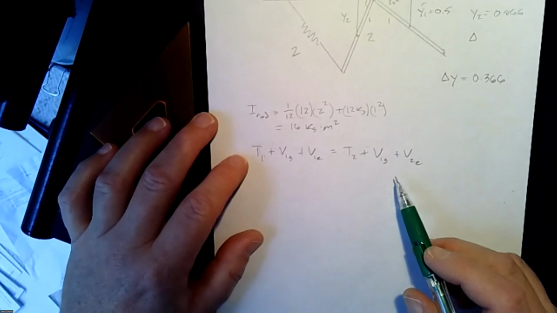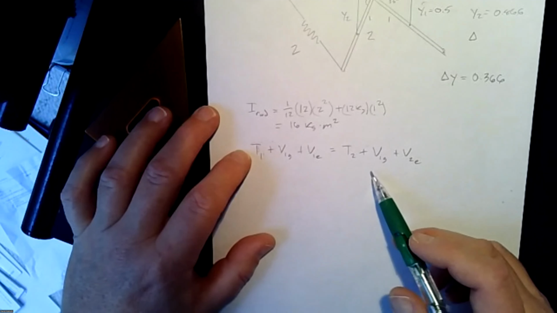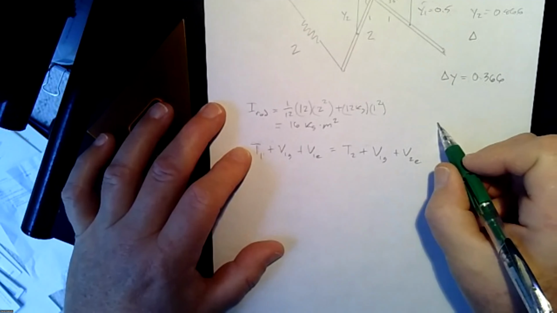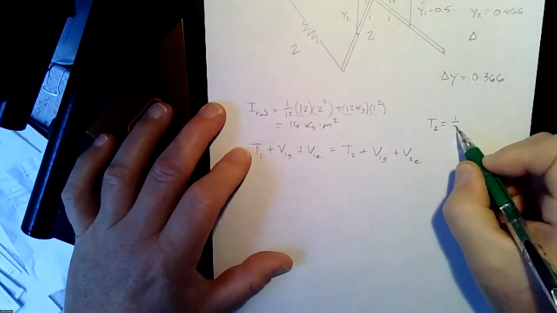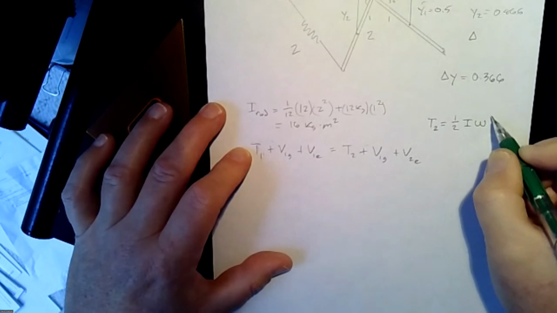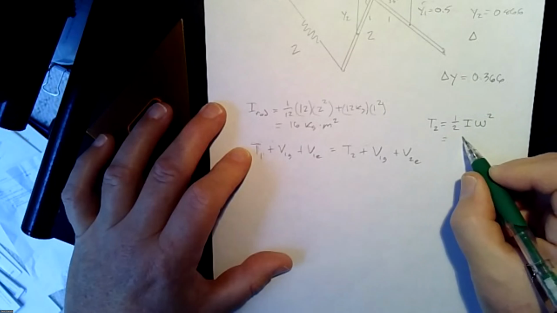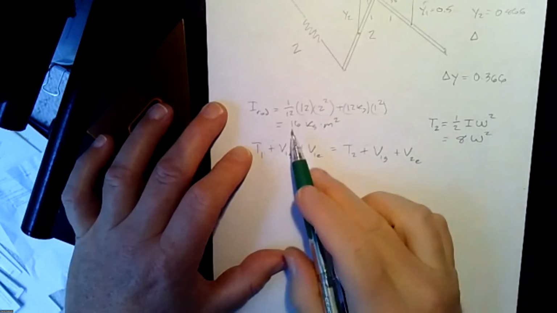So my T, in this case, this is kinetic energy, but we don't have any translation, we only have rotation. So my T2 is going to equal 1/2 I omega squared. So in this case, it's going to be equal to 8 omega squared, right? Because this was 16.